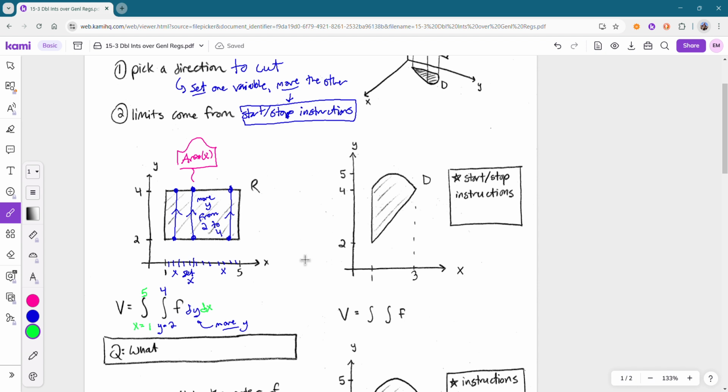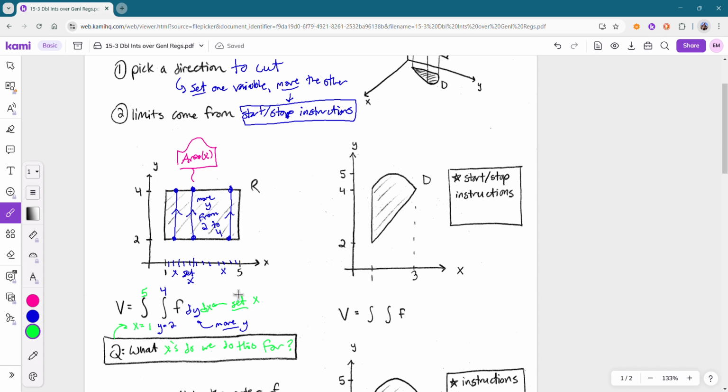And in general, the outside integral here is answering the question, what x's do we do this for? And again, for this outside x, we set x and we moved y.